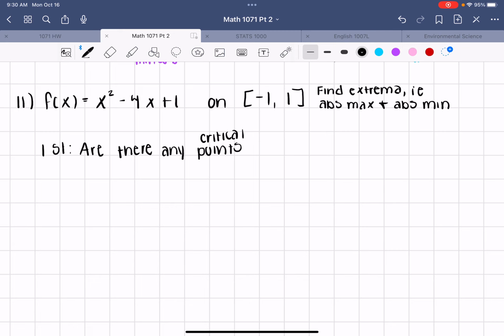Okay, so secondly, evaluate the candidates. And remember what I said, candidates are the endpoints, a and b, and critical points in the interval.